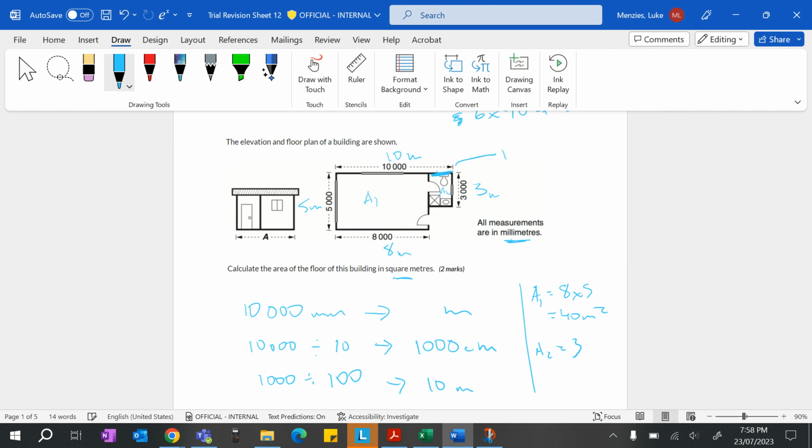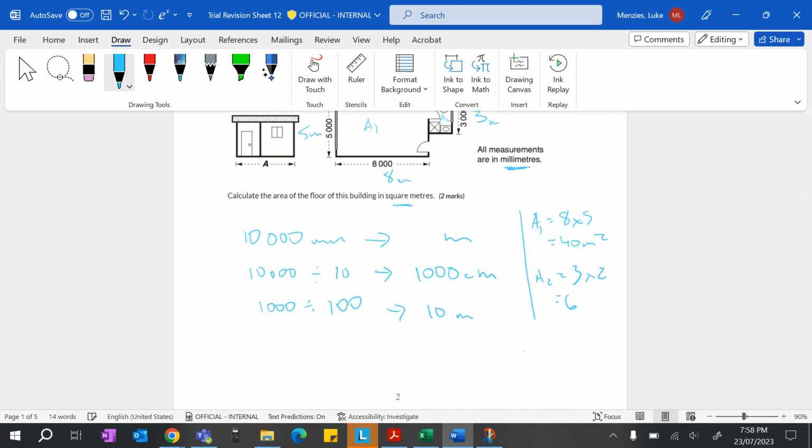How do you find that? 10 minus 8, which is 2. So 3 times 2, which is 6. And then the total is the 40 meters squared plus 6, which is equal to 46 meters squared. Nice.